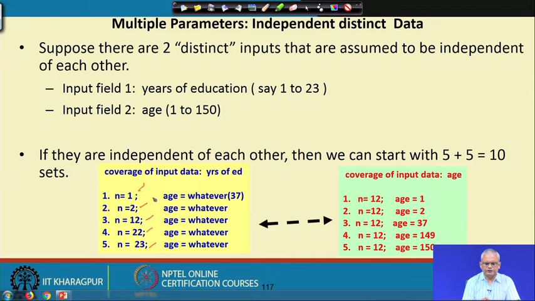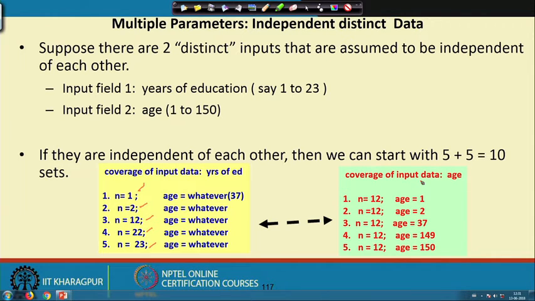These are the boundary values for years of education. Similarly, for the age we have 1, 2, 37, 149 and 150. These are the boundary values.